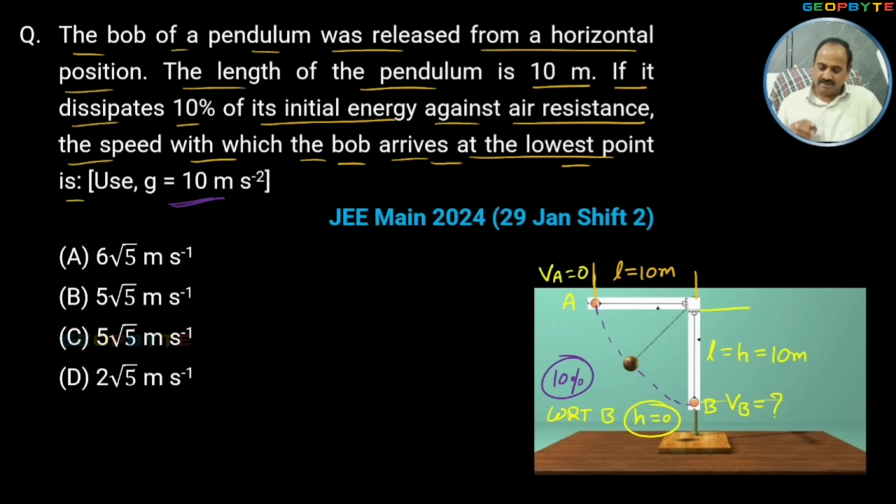For deciding the velocity of the bob after it has reached the bottommost point, let us apply the work energy theorem.